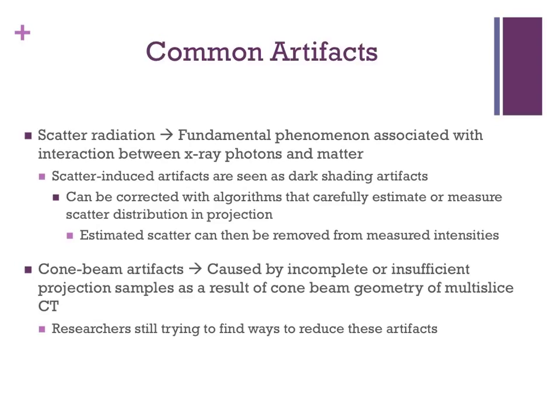This no longer works on multi-slice and volumetric CT scanners, so dark shading artifacts occur. Scatter-induced artifacts can be corrected with algorithms by carefully estimating or measuring the scatter distribution in the projection. Then the estimated scatter can be removed from the measured intensities.